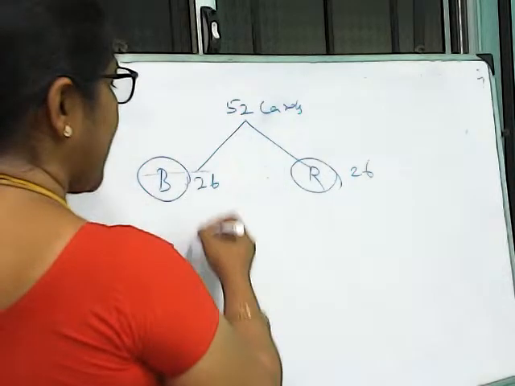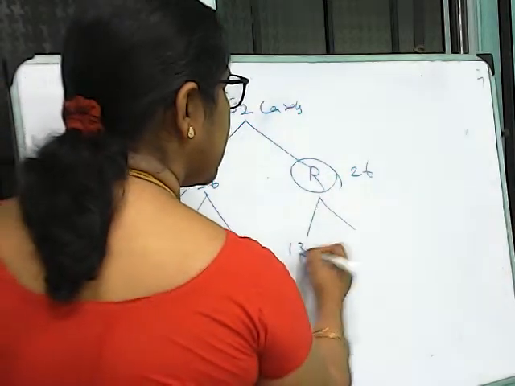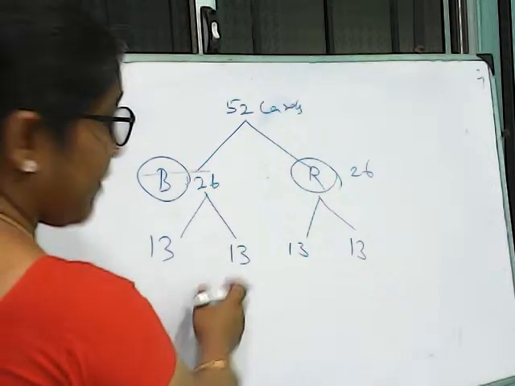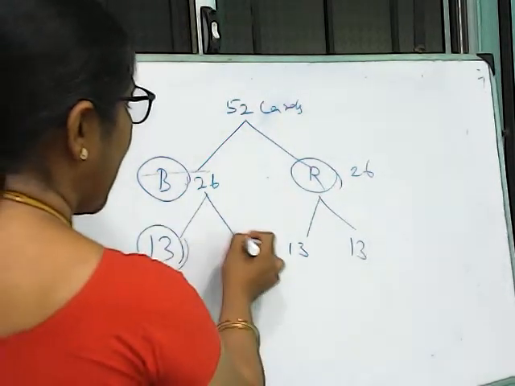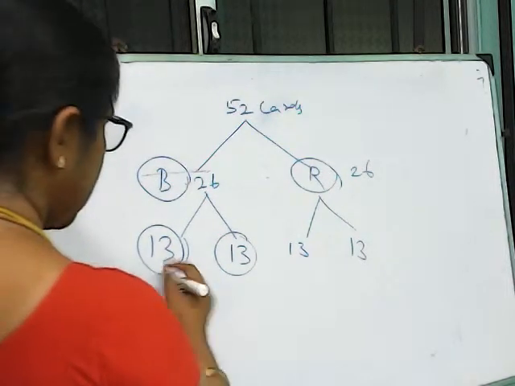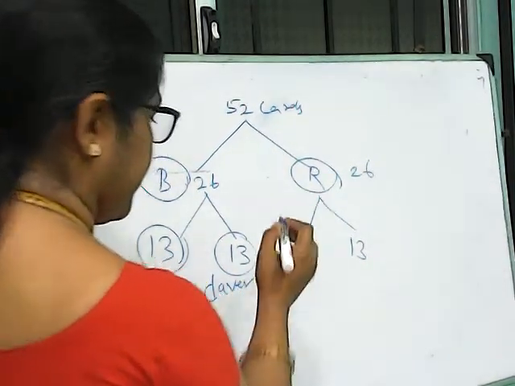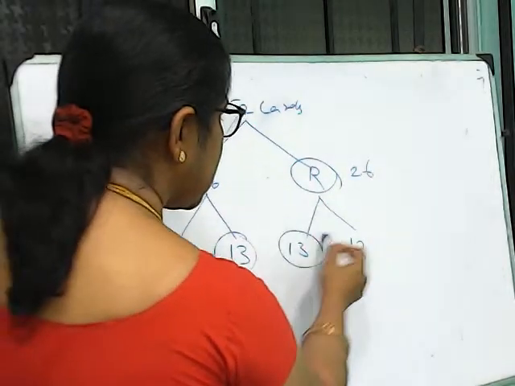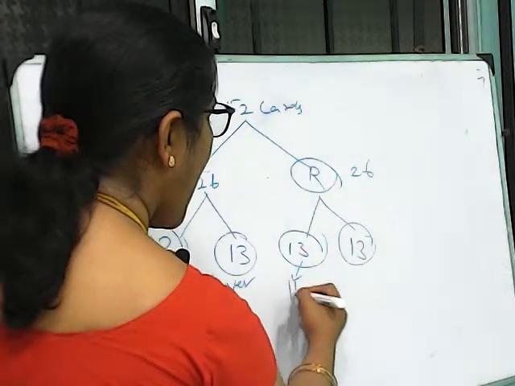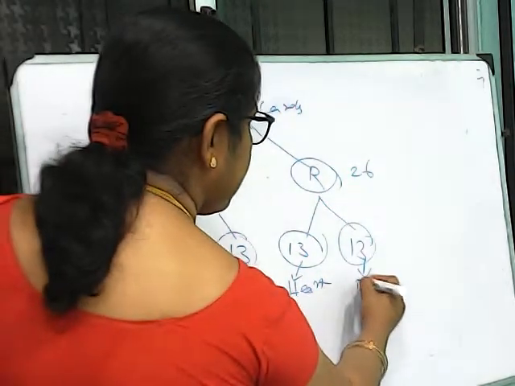The 26 black cards we divide again into 13 and 13. Black cards are spade and club. Similarly, red cards are again divided into 13 and 13: heart and diamond.